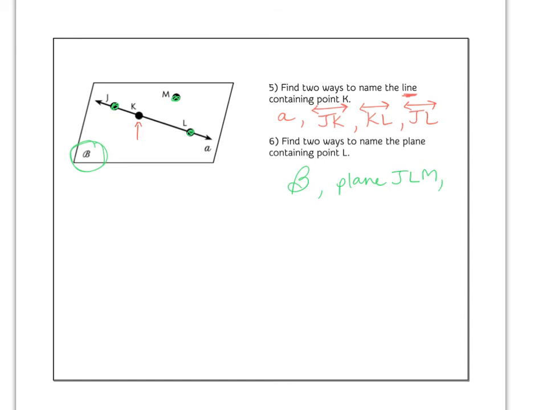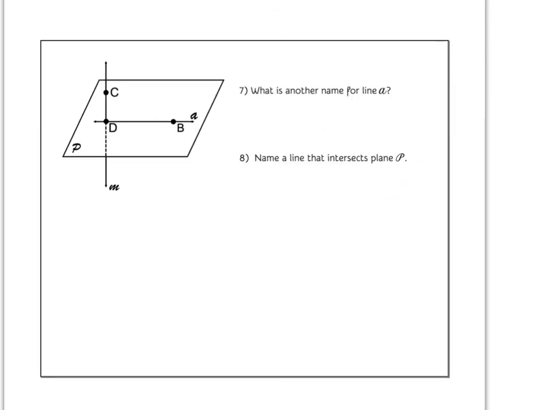Let's do one more. Another example that I could use to name this plane, I could call it plane KLM, because K, L, and M are not collinear. They're not in a straight line.